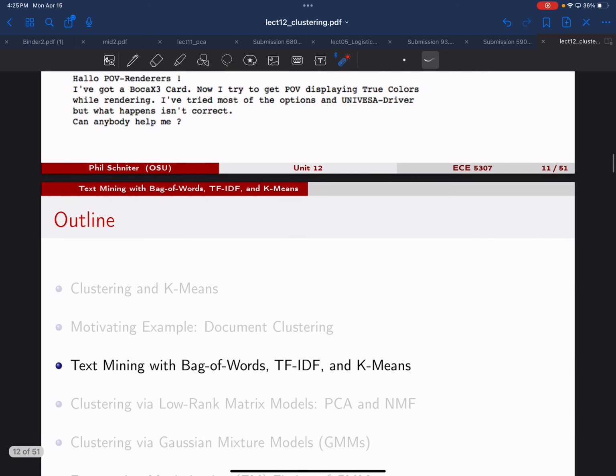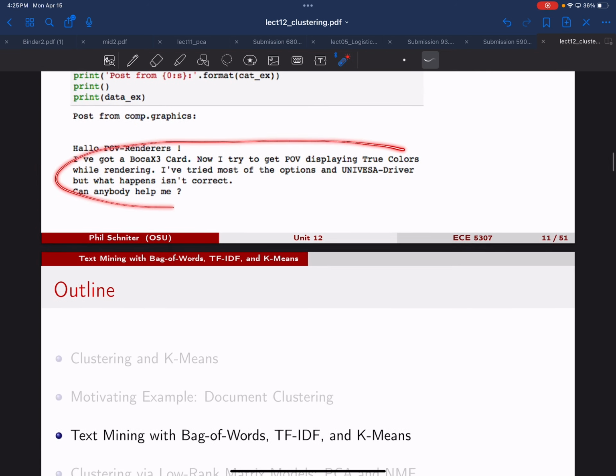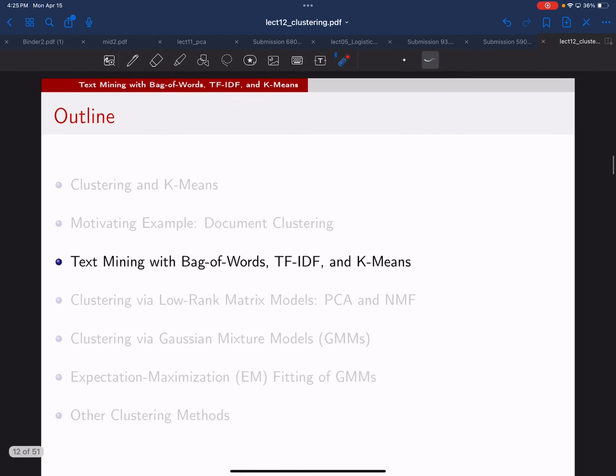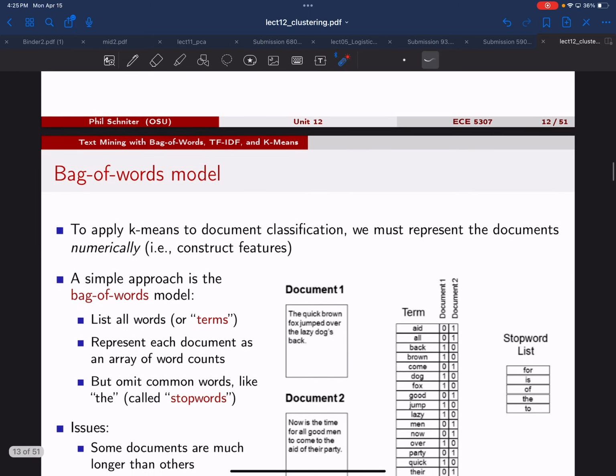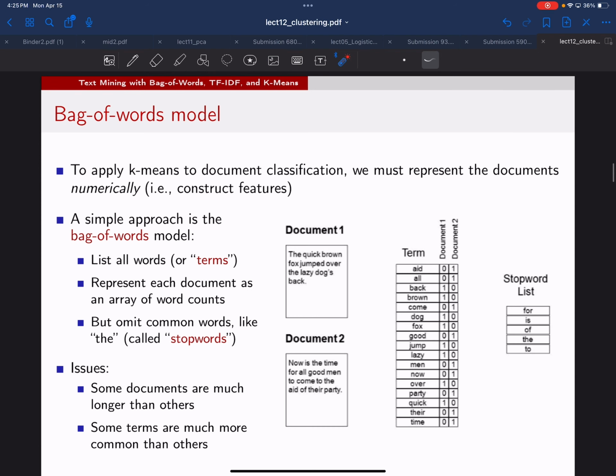And the first question is, well, how are we going to work with strings? We don't really know how to do that yet. So we're going to use something called the bag of words model. This is a pretty famous, pretty well used model, but as we'll see, it's not super powerful.